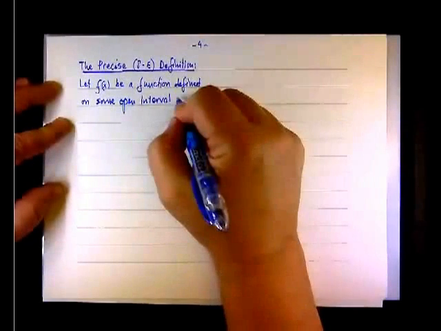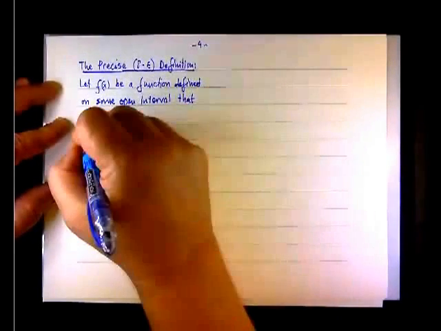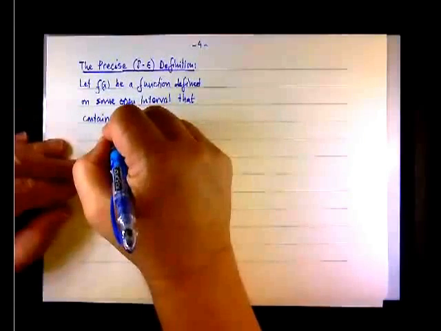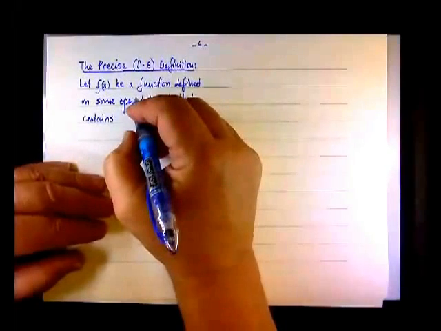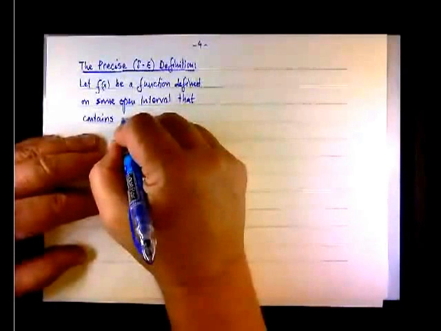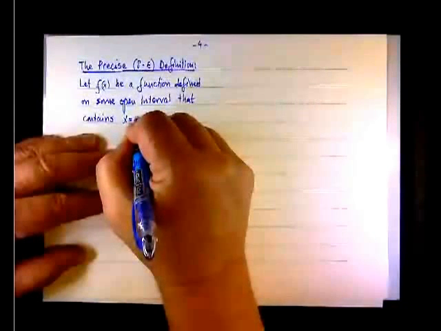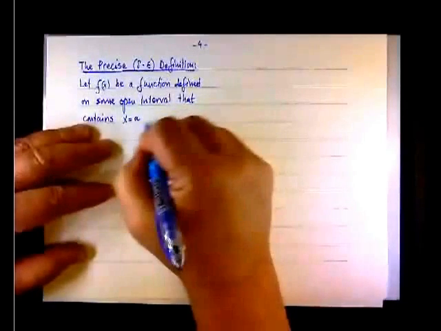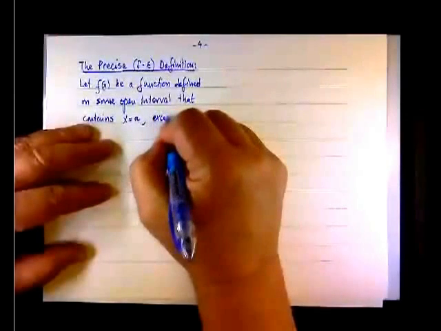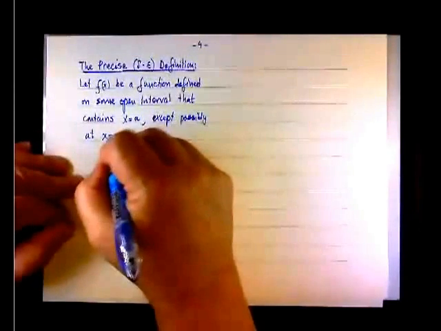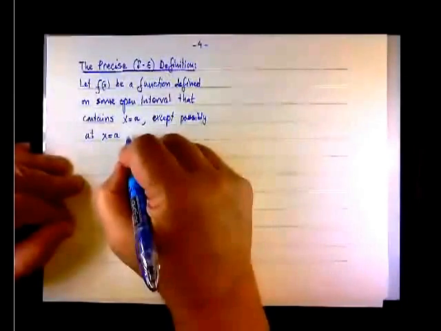That contains x equals a, except, and this sounds like a little contradiction here, but except possibly at x equals a exactly.